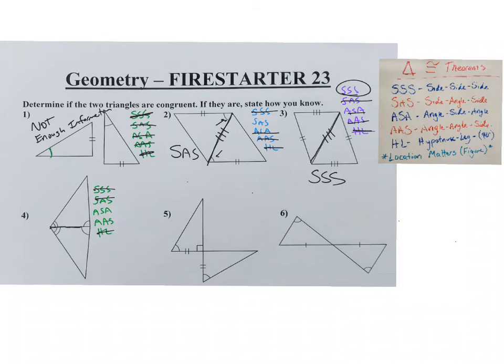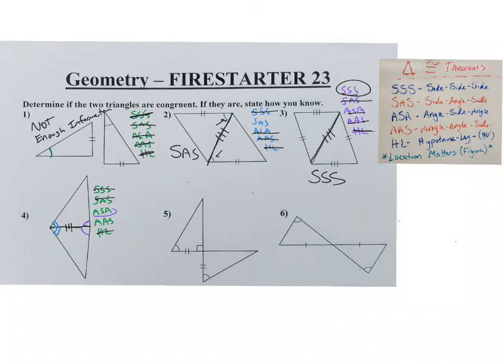But that's reflexive property. Now I have to look at the figure. So I see the blue angles are congruent and the purple angles are congruent to one another. But I also see that the blue angle and the purple angle, the side is in between those two, as in it's touching.